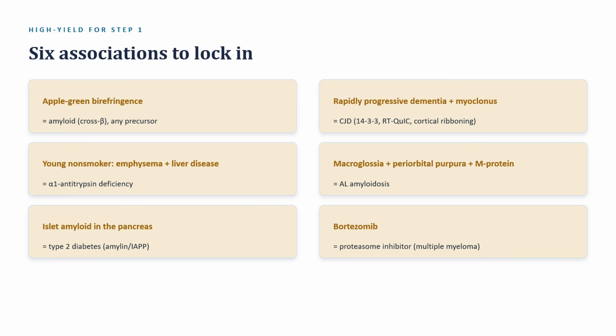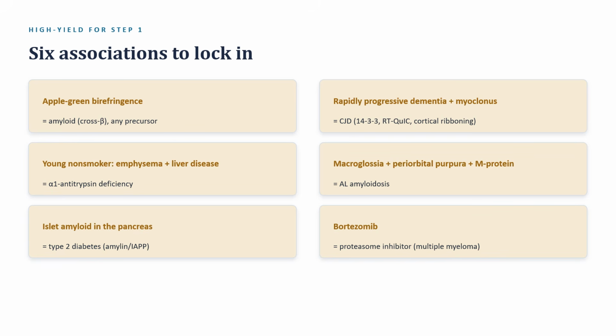Before we finish, here are 6 associations that map straight onto Step 1 questions. It's worth committing to memory. Apple green birefringence means amyloid of any precursor. A rapidly progressive dementia with myoclonus plus 14-3-3 or RT-QuIC means CJD. A young non-smoker with both emphysema and liver disease means alpha-1 antitrypsin deficiency.